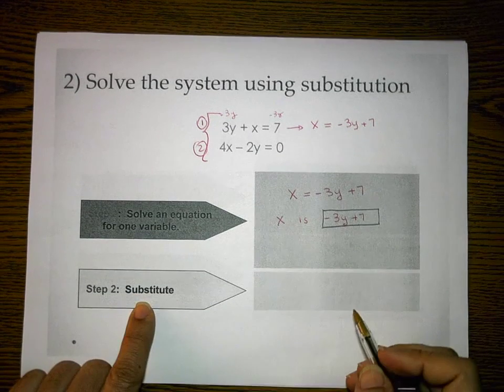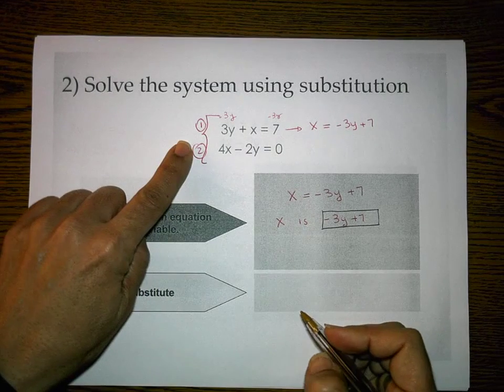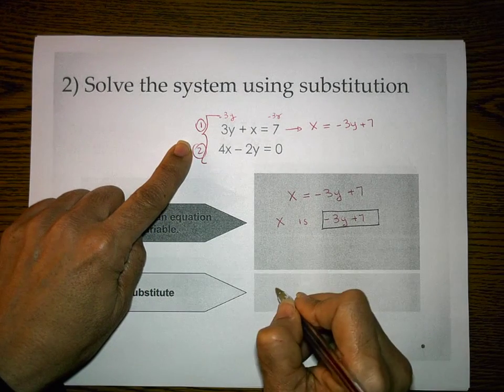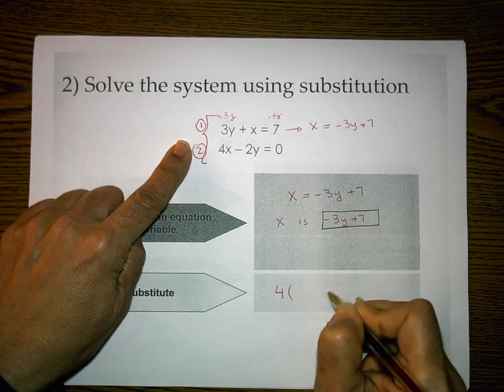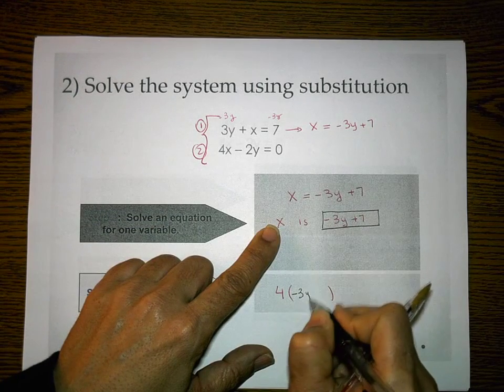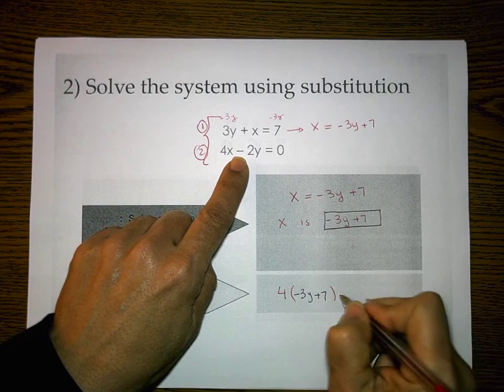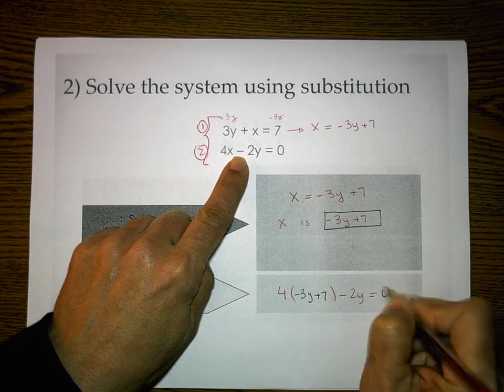Now step number 2 says substitute it in the other equation. So I'm going to use equation number 2. I'm going to write 4 times an x, but x is negative 3y plus 7. Now let me continue. Minus 2y equals 0.